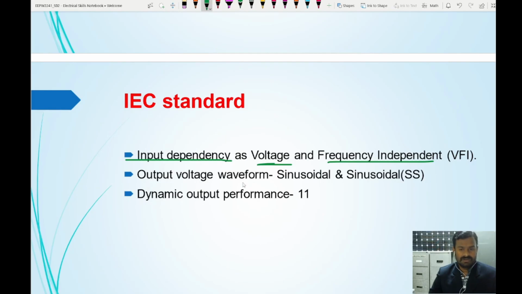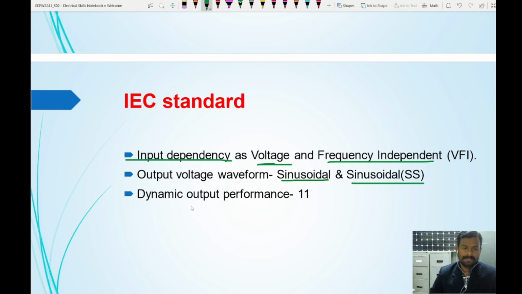Voltage output waveforms are both sinusoidal, because the supply is coming from the utility side. At that time also double conversion is taking place, so the inverter is going to feed. During battery mode also, the inverter only feeds the load. So in both cases the inverter can provide a sinusoidal output.